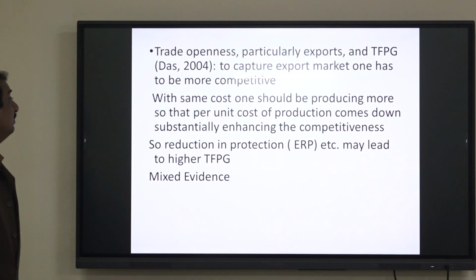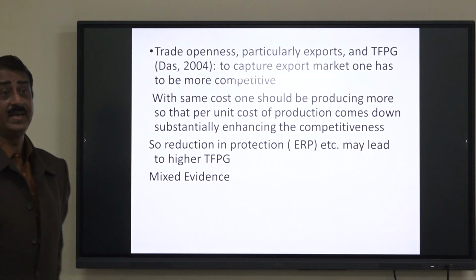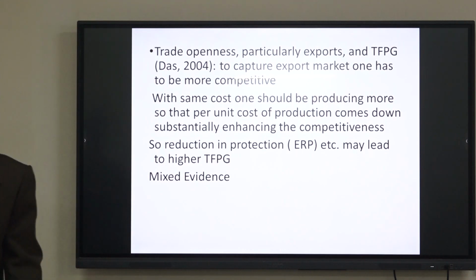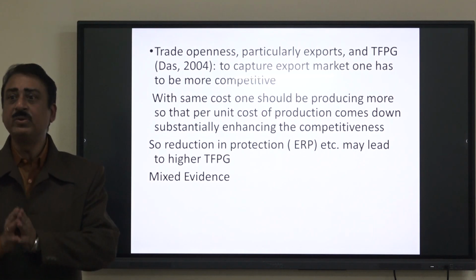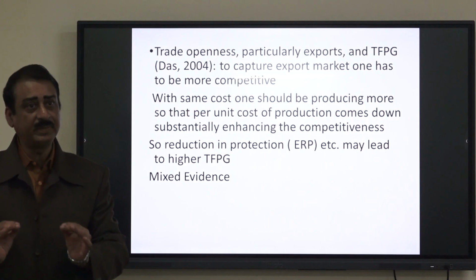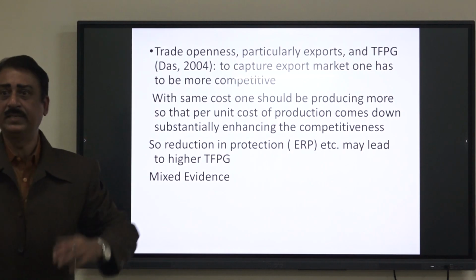Then another most important point is your trade openness. If you pursue greater trade association with other countries, then you will be in a position to experience higher productivity. Because suppose you are exporting. You manufacture a particular good and sell it to another country.